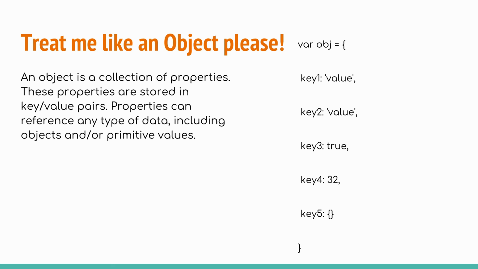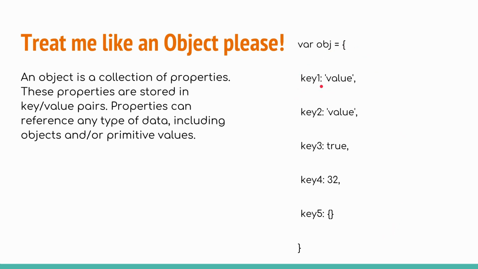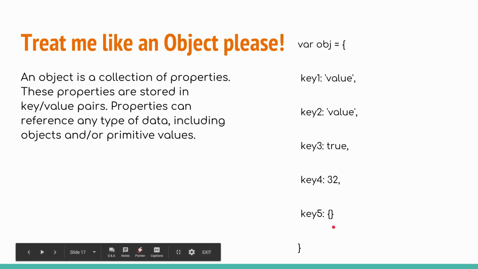So we have a var obj and we have assigned it to curly braces. Inside of curly braces we give any number of key and value pairs with the data type that we want to have. So in this case we have a key1 which has a string value, we have another key2 which has again a string value, key3 has a boolean value of true, key4 has a number 32, and key5 is itself an object because it has empty curly braces.